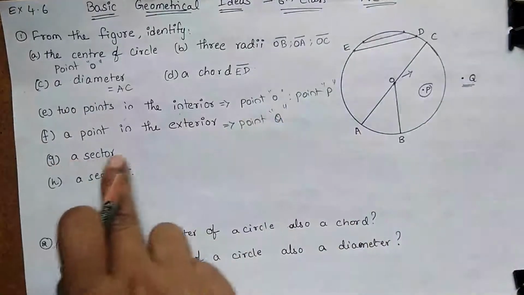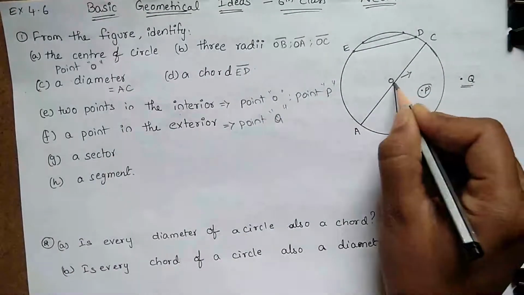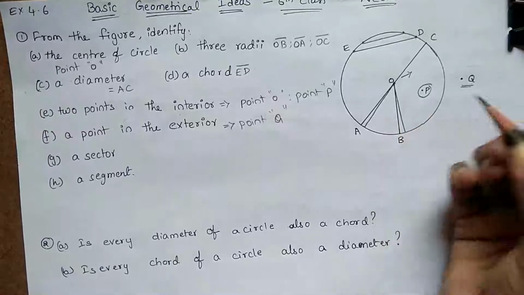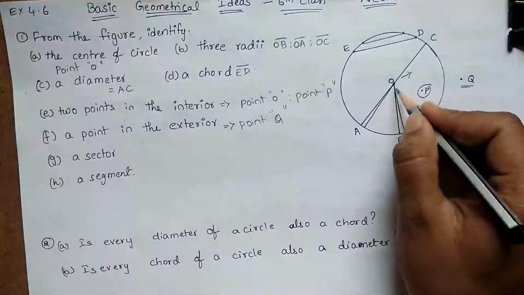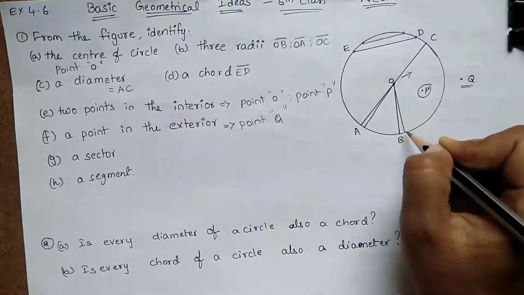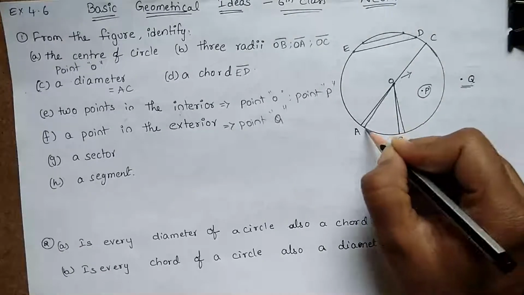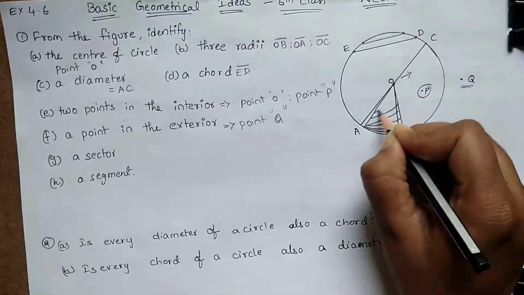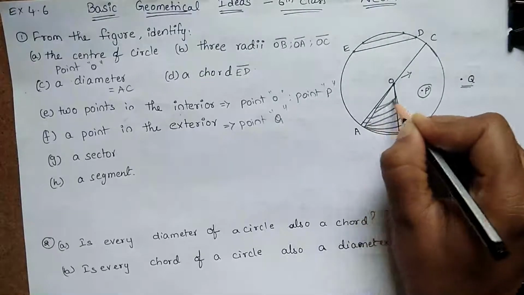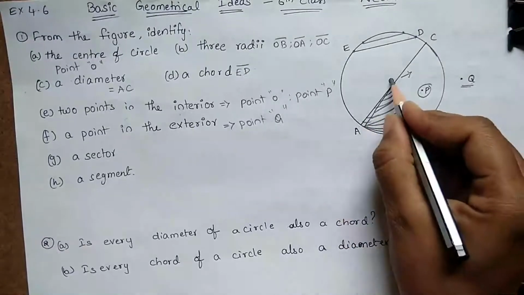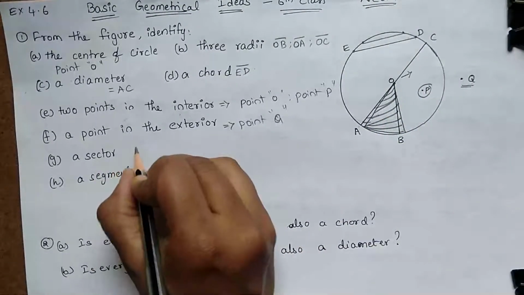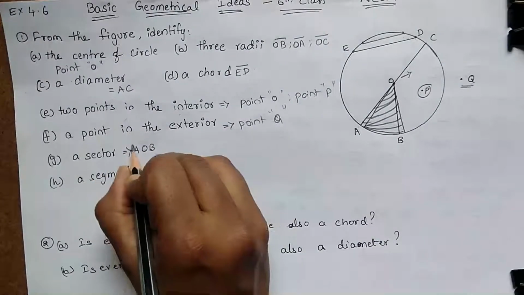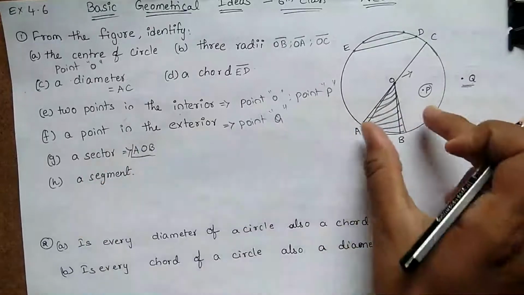Next, a sector. A sector is the region enclosed by 2 radii and the arc of the boundary. It is this part, I am shading it like this. So angle AOB is a sector of the given circle.